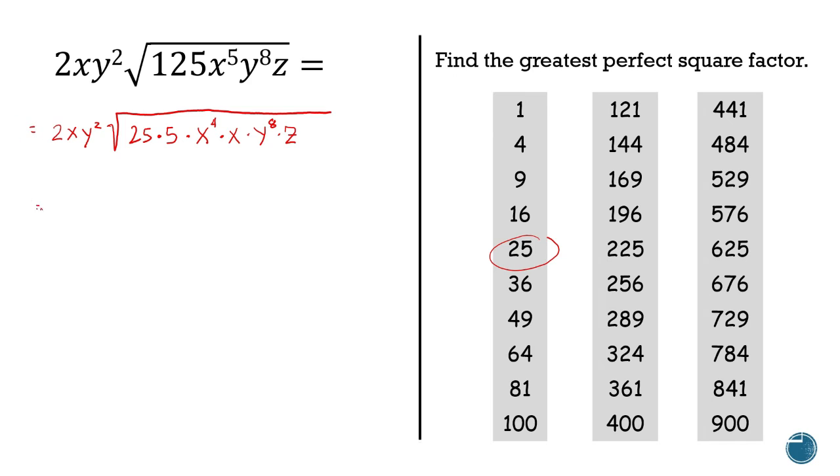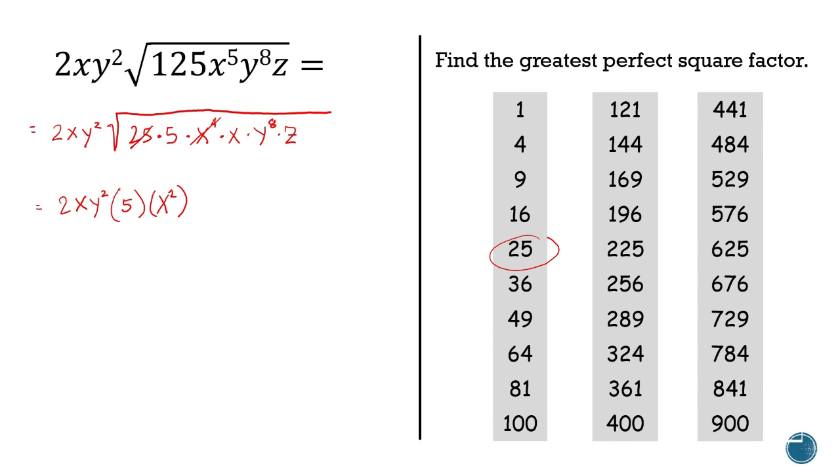All right, so this is 2xy squared, okay, times square root of 25 is 5, square root of x raised to 4, so you divide 4 by the index 2, so x squared. The x stays there.